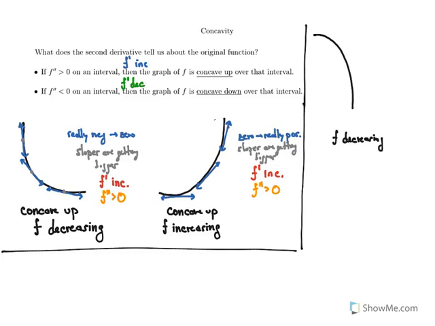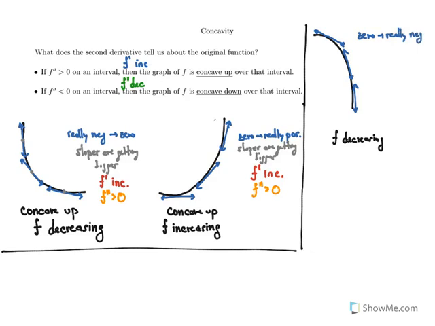But when we look at the slopes, they are negative, and they're getting more negative. This is like going from 0 to really negative.